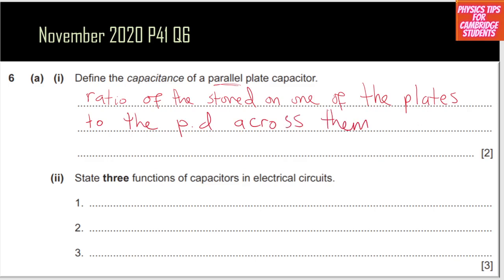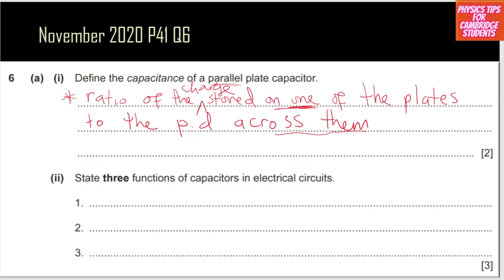So the fact that you write the ratio of charge stored to the PD, you get 1 mark. And then to state that the charge is stored on one of the plates, and then the PD is across the two plates, you get the 2 marks. Okay, so the ratio of the charge stored on one of the plates to the PD across the plates, 2 marks for that.